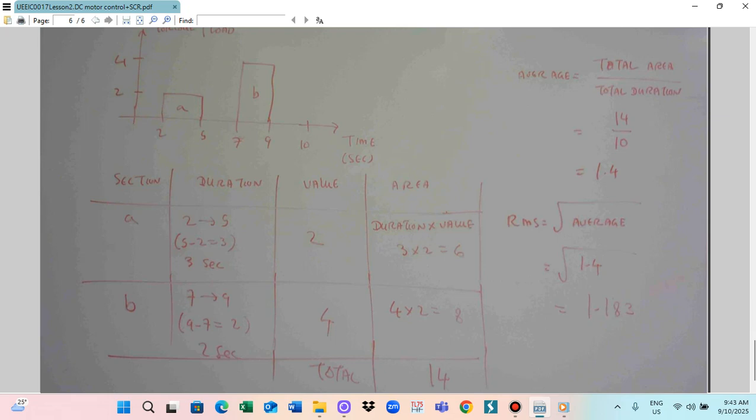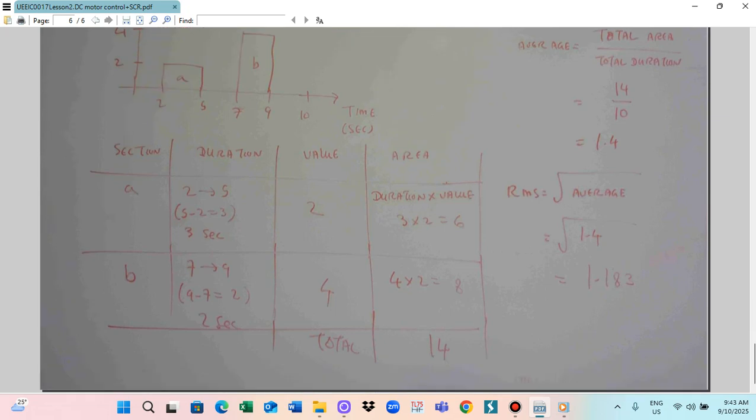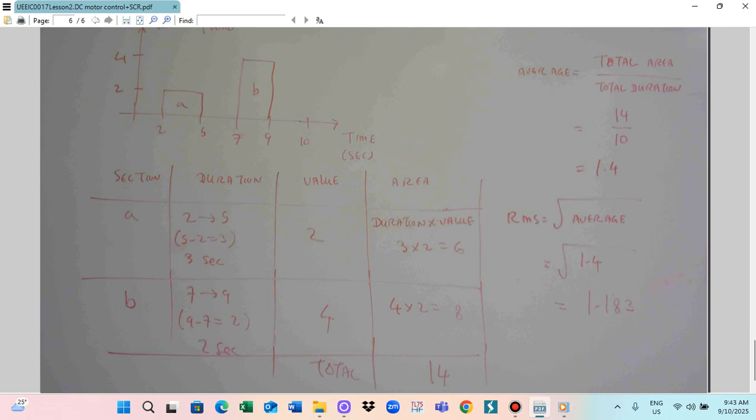Total duration starts from 2 and ends at 10, so total duration is 10. So that will be 1 by 4. So the average value is 1 by 4. So the RMS value is the square root of the average. So this is the square root of 1 by 4. So the RMS value is 1.183. So for that kind of duty cycle, the RMS value is 1.183.